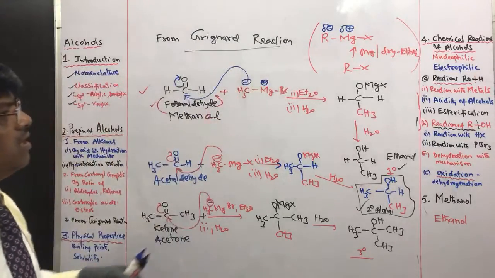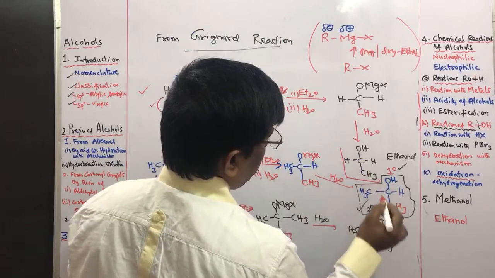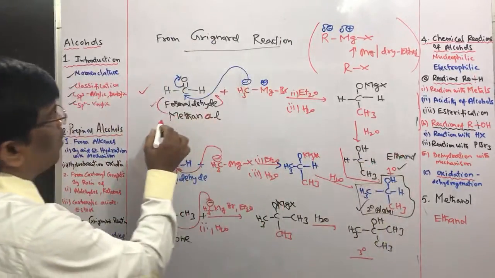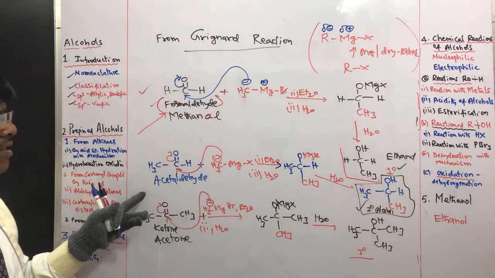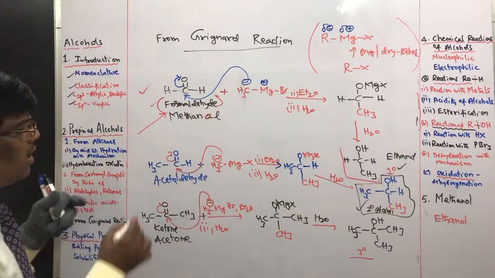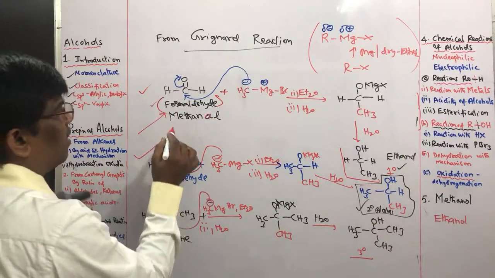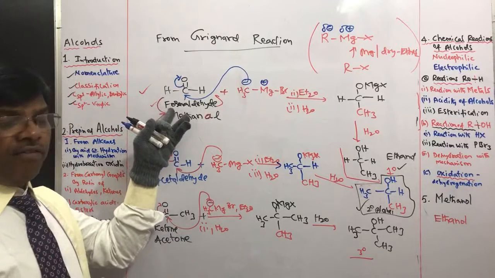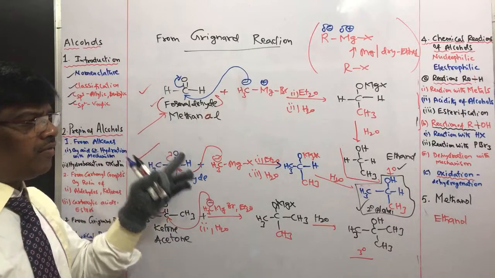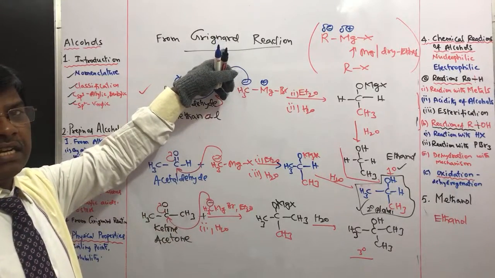Yes, friends. So this is how primary alcohol can be prepared from only formaldehyde. However, for the remaining alcohols, all aldehydes other than formaldehyde are going to give secondary alcohols through Grignard reaction, number 1.